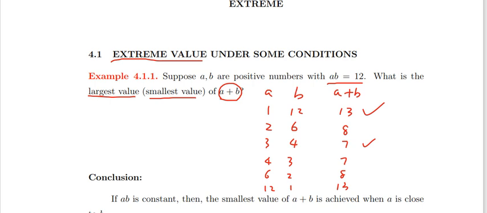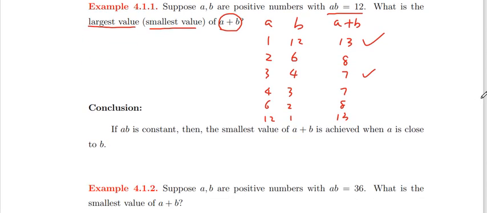Here we have a conclusion in general: if a times b, the multiplication, is constant, then the smallest a plus b is when a and b are quite close or equal.